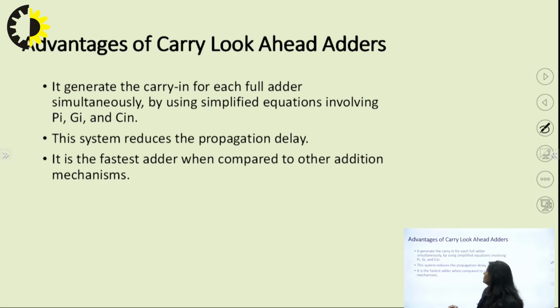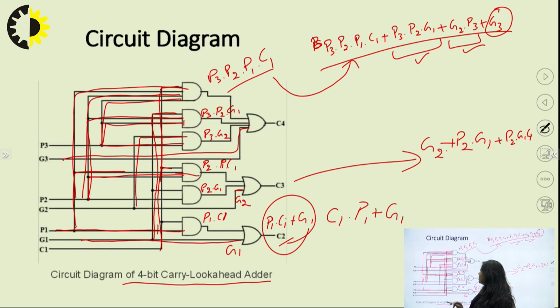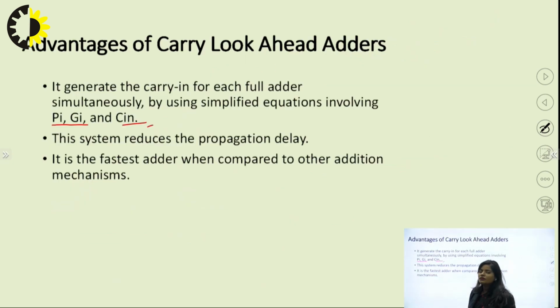In summary we have only 3 inputs, Pi, Gi and Cin, and we can draw the full diagram for the CLA using only these 3 values, each of which can be 0 or 1. So using only 3 values, we can calculate all the possible combinations of 0 and 1.